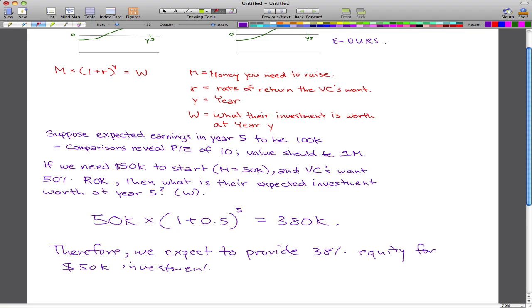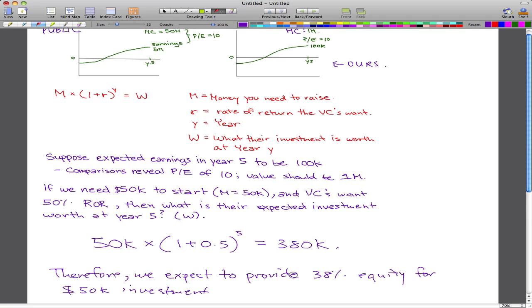You may have the question, where did I get 38% from? Well, it's actually pretty simple. We just took our market cap, which is 1 million, what we hope to achieve by year five, and then we have 380K over 1 million. That gives us 0.38 or 38%. It's pretty simple.